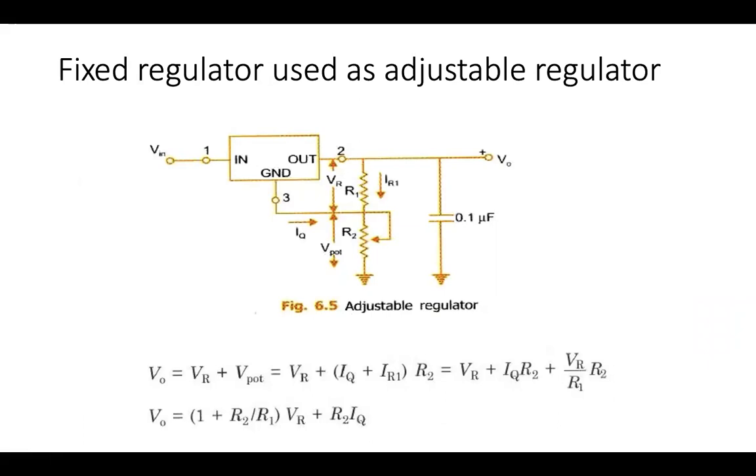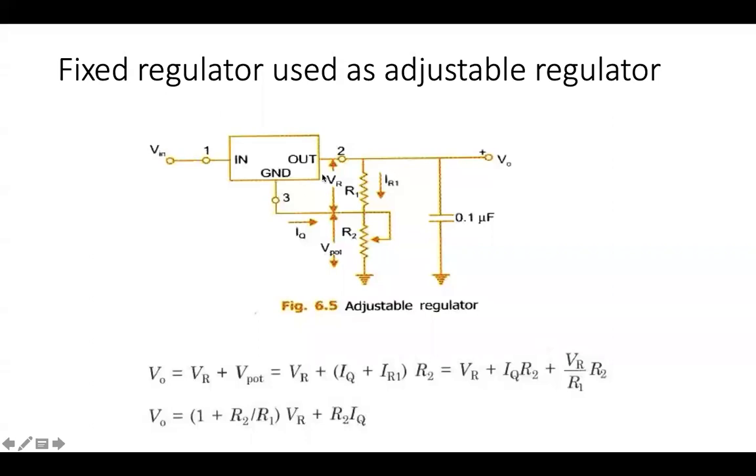Now, with regards to fixed regulator used as adjustable regulator, how do we do it? Whenever there is an adjustable concept, we should always remember that there is a resistor involved, wherein we can increase and decrease the value of these resistances.